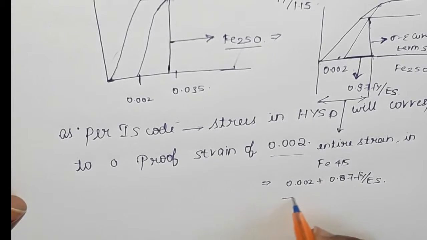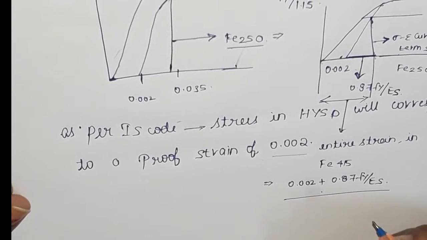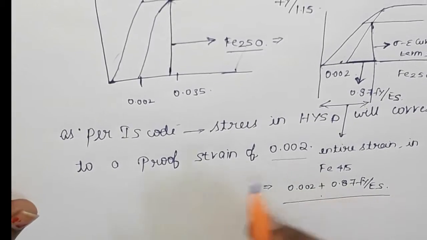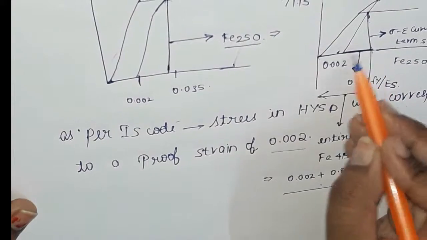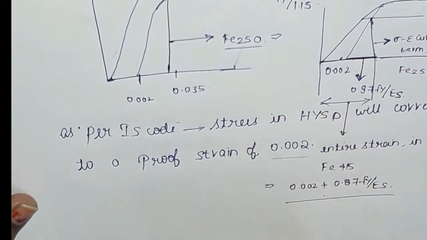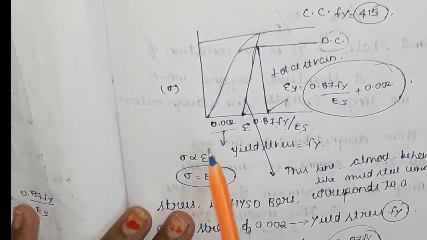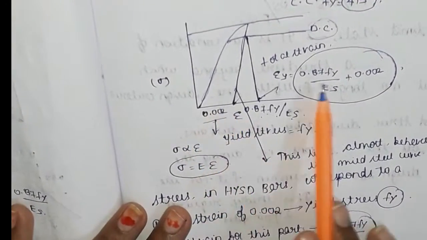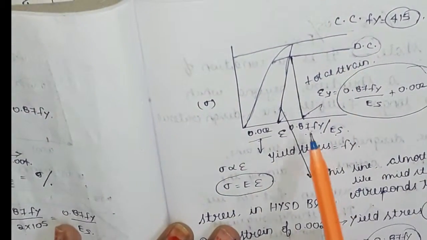So in this way we are going to consider the strain for Fe 415, and remaining everything is going to be similar to Fe 250. The only thing is that you have to understand this graph. So at last I conclude that this is the stress strain curve of Fe 415.